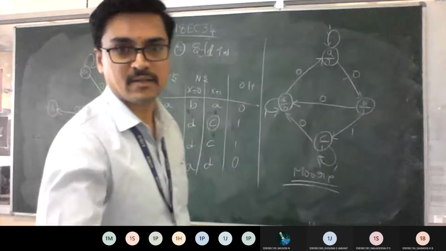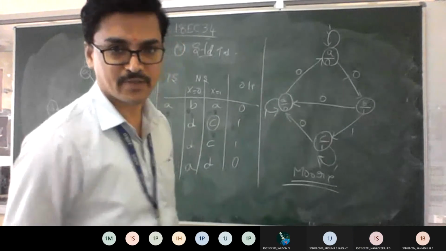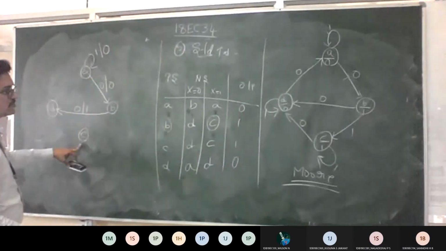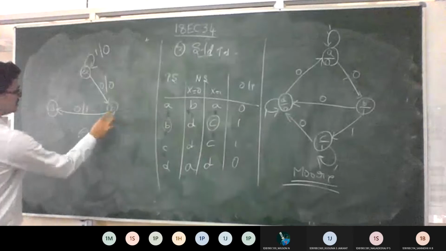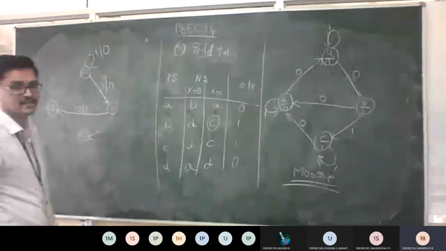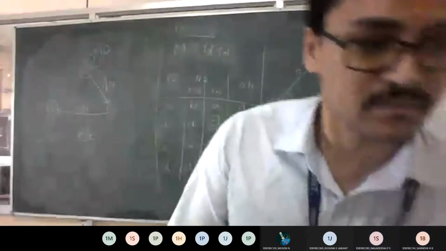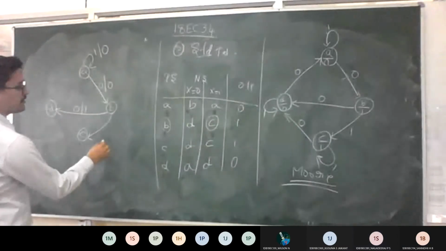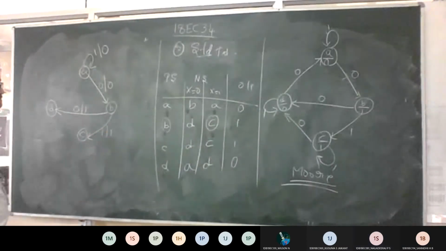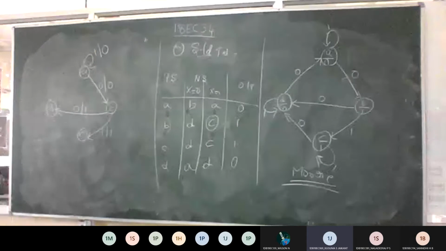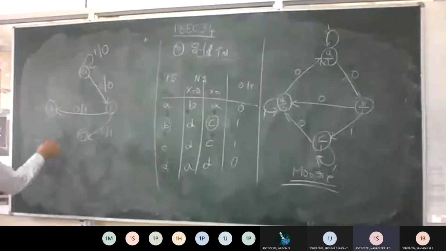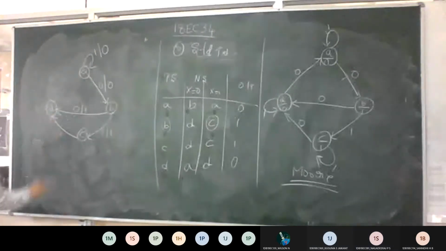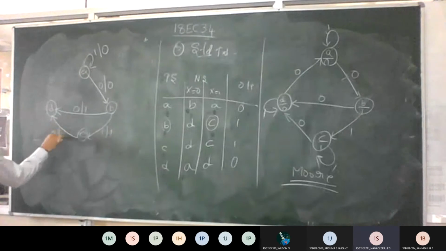Okay, let's quickly finish off. Battery is going down there. Next, B to C is the connection, with X equal to 1, output 1. Next, coming to C, the C to D connection is there with input 0, output 1.